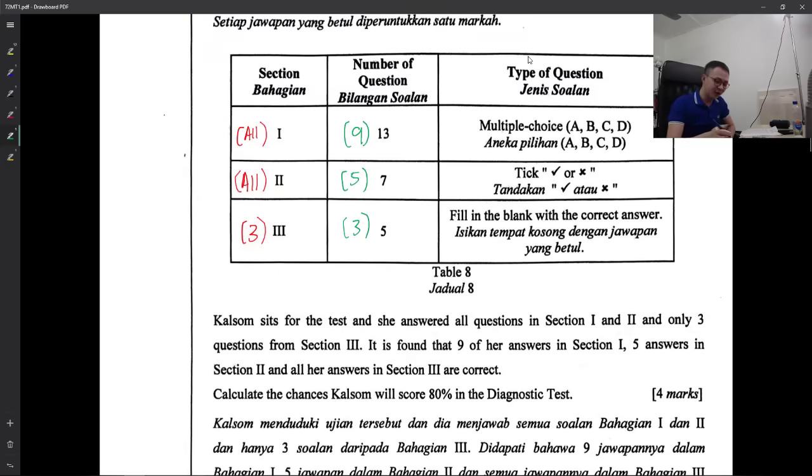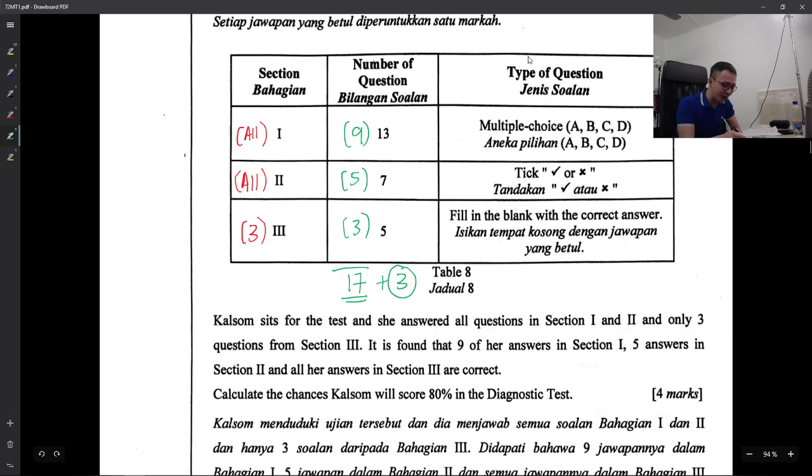Over here, she already corrects 9 plus 8, she already corrects 17 questions. So in order to get 80 marks, she needs 3 more questions, isn't it? She needs to get 3 more questions correct.